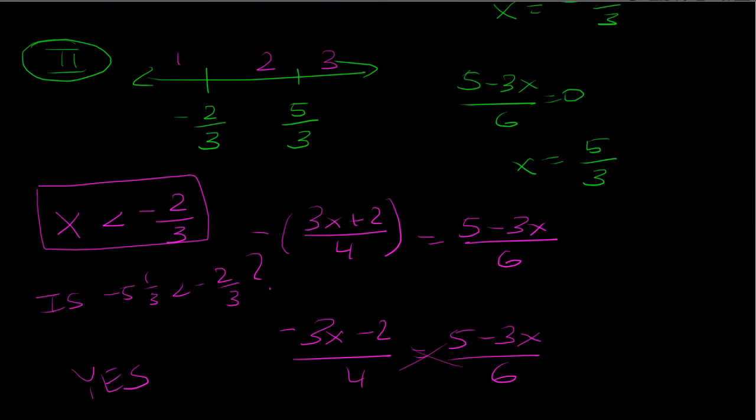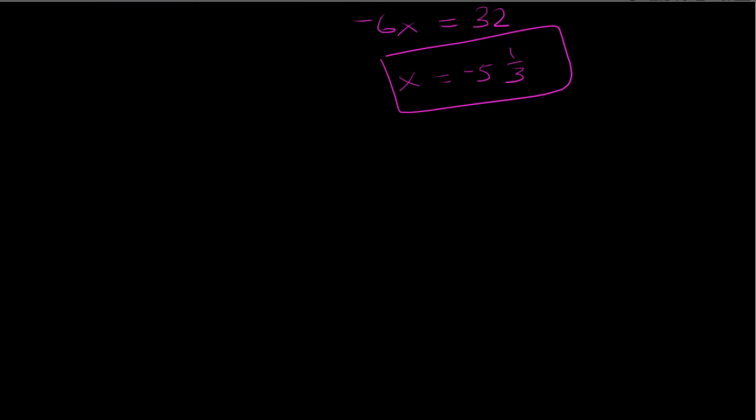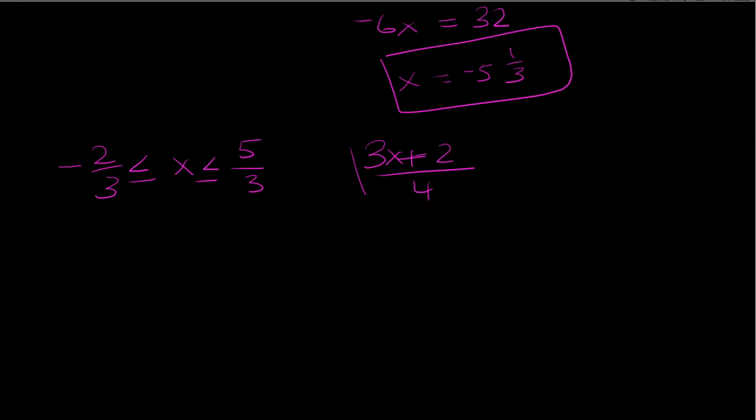The second case, we have to be between negative 2/3 and 5/3. So we have the absolute value of (3x plus 2)/4 equals the absolute value of (5 minus 3x)/6.